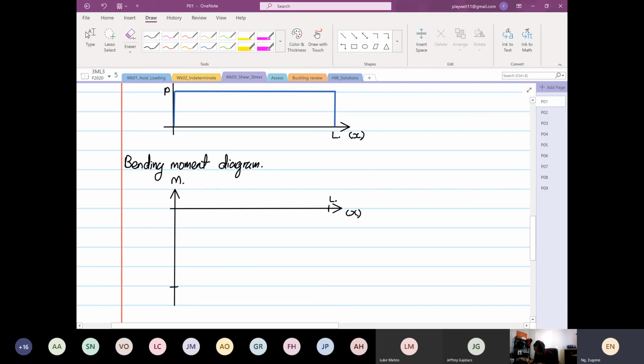So maximum bending moment M will be at the fixed end, P multiplied by L, and then this will have this trend. Okay, so this is at 0, 0, and this is at a certain length L. So this is basically our point A. Okay, this is also our point A. So over there is our point B.